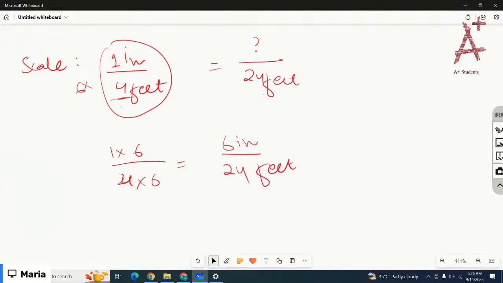That means if originally it is 24 feet, in the drawing it will be 6 inches. The correct option is 6 inches.